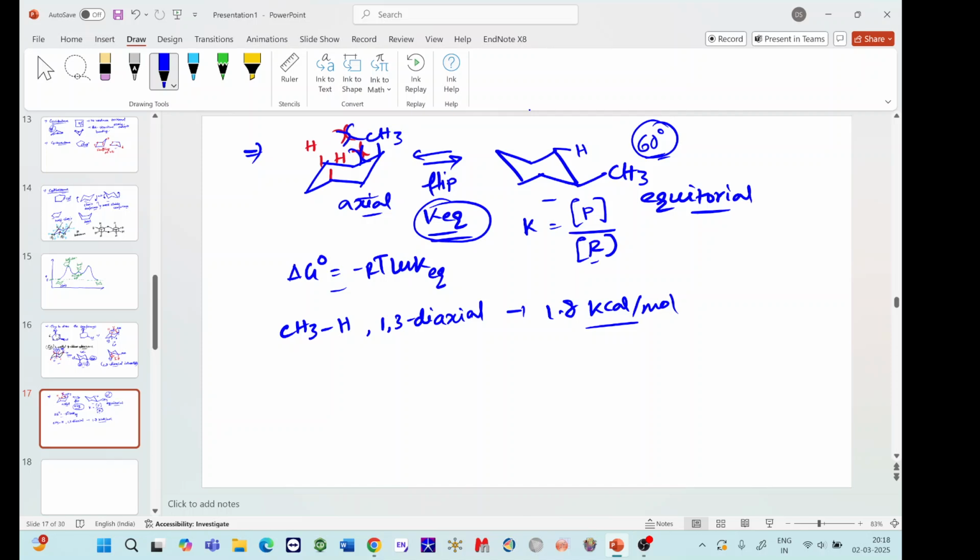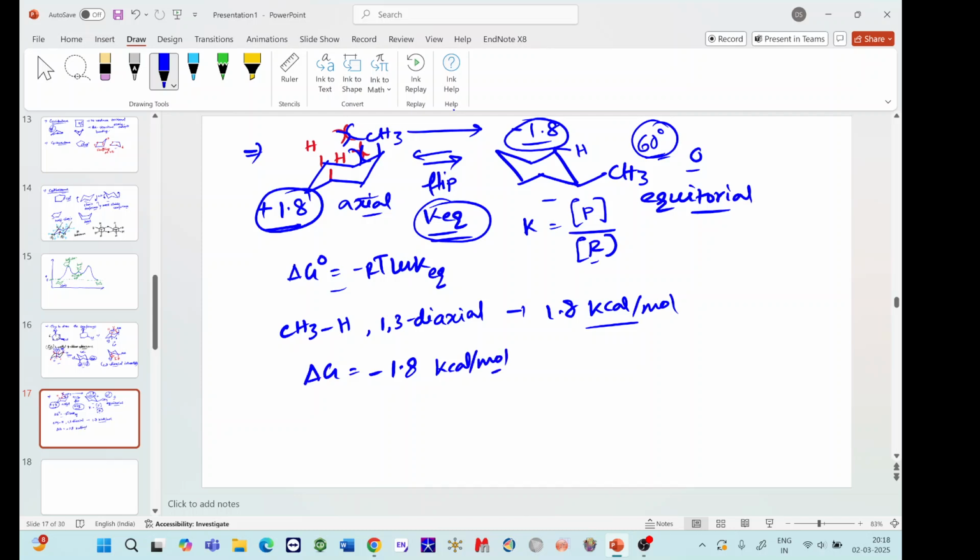That means you are getting stable. So in this case you have plus 1.8 kilocalorie per mole, and here you have 0. If you go from here to here, you will lose energy, so you will have minus 1.8 because there is no interaction.